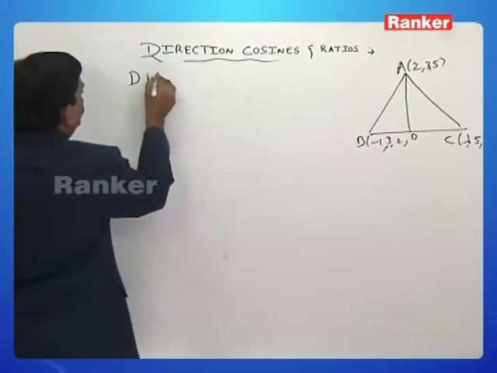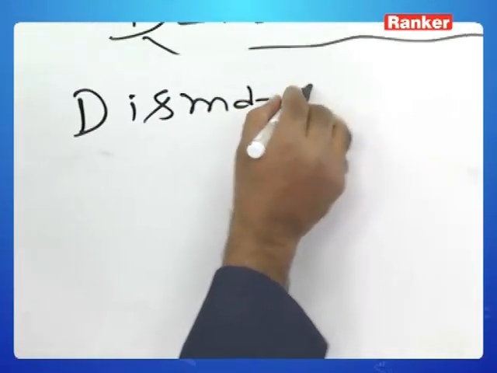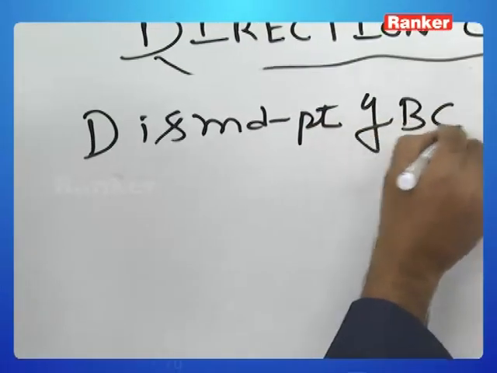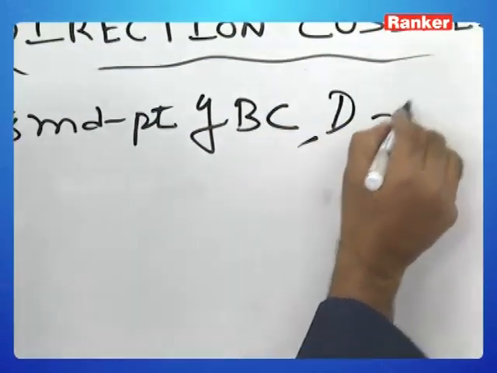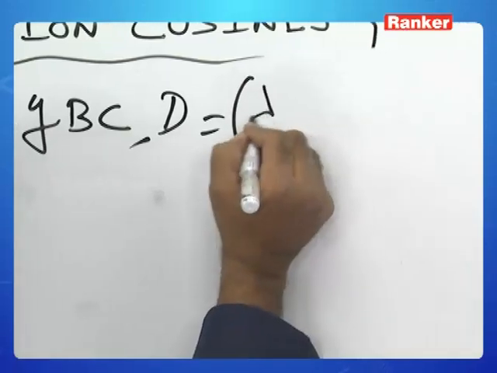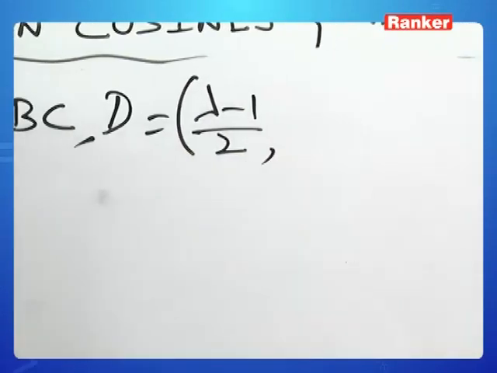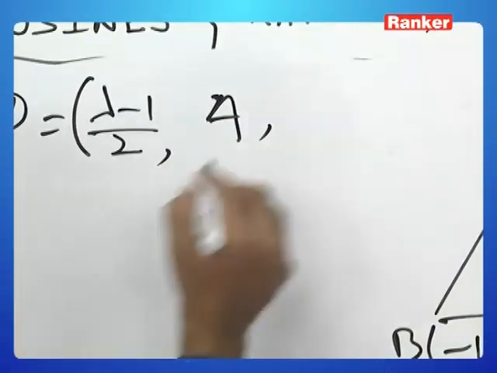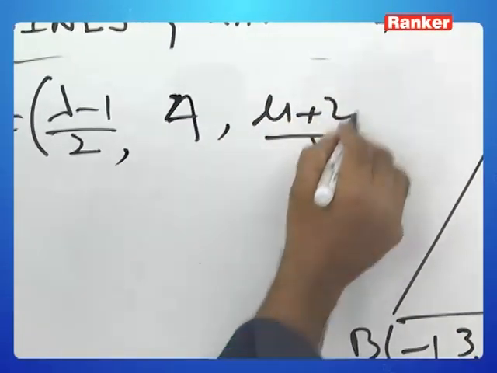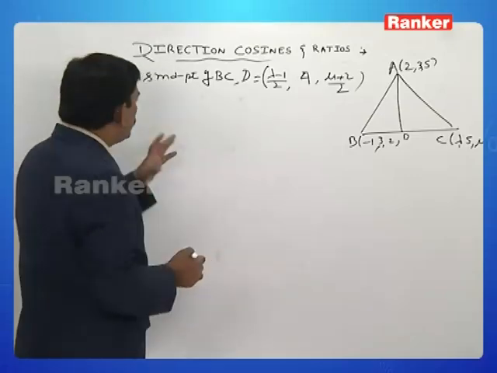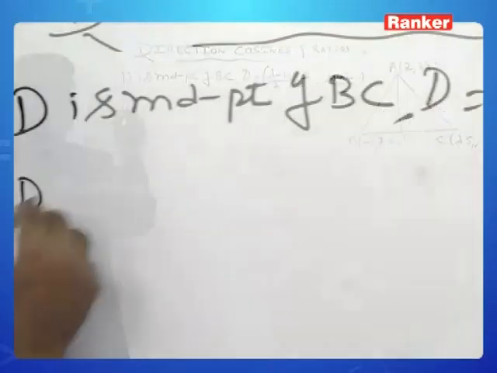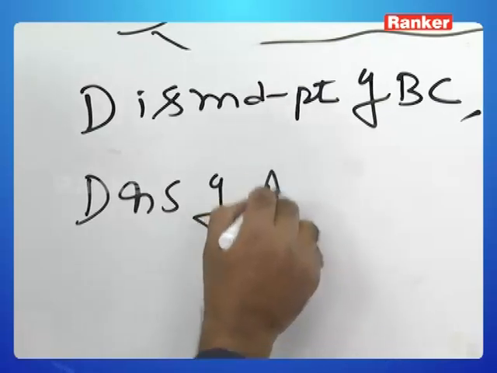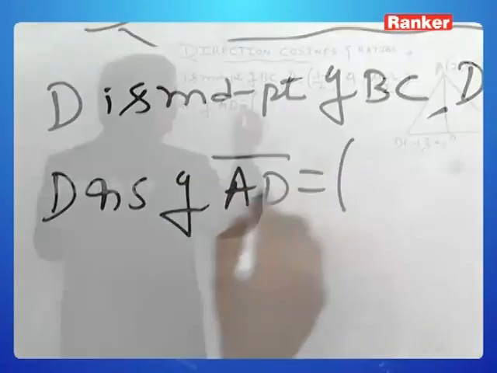D is the midpoint of BC. So therefore D, by the midpoint formula, is (lambda minus 1 by 2, 5 plus 3 by 2, which is 4, then mu plus 2 by 2), correct? This is the midpoint D. I want to find the DRs of AD bar.